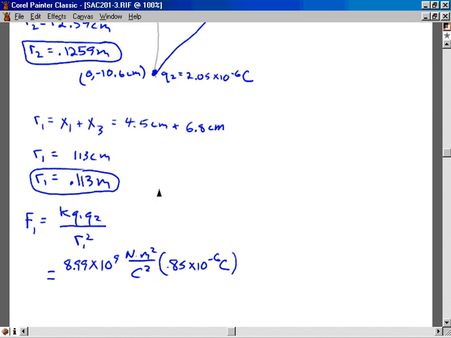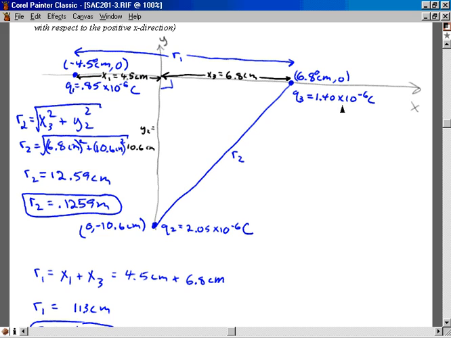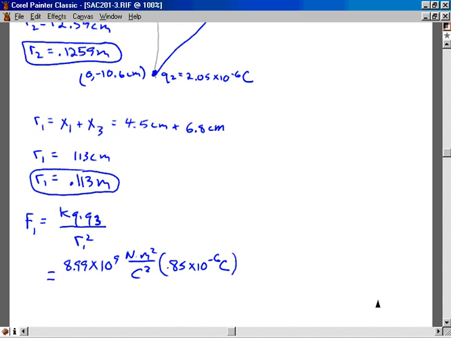And then Q2, it's actually Q3 in this case, force of particle 1 on number 3. And that's given as 1.4 times 10 to the minus 6 coulombs, and all divided by the R1 squared.